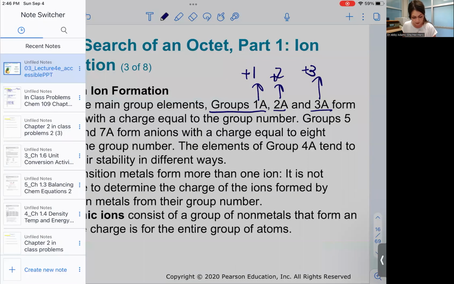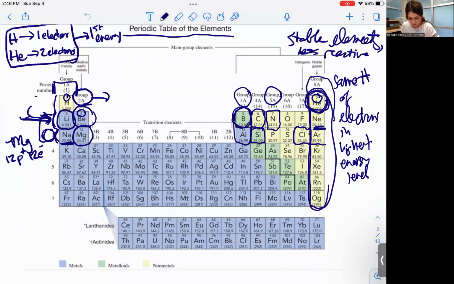Okay, so what do I mean by that? So let's say lithium, all right? It would be easier to lose one of those electrons. So then lithium, if it loses an electron so that it can fill that highest energy level, is going to end up with a positive 1 charge, and it's in group 1A. Beryllium is going to lose 2 of those valence electrons to be able to go to that previous energy level and have a filled valence electron shell.